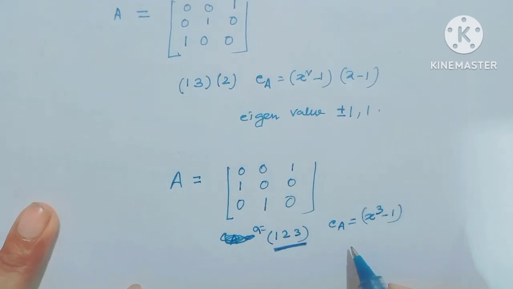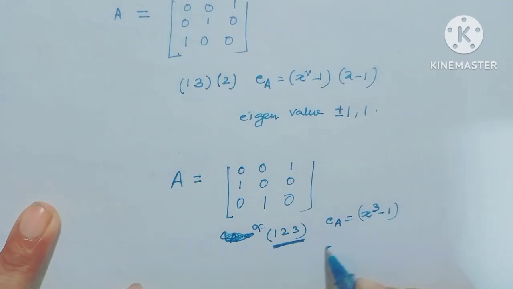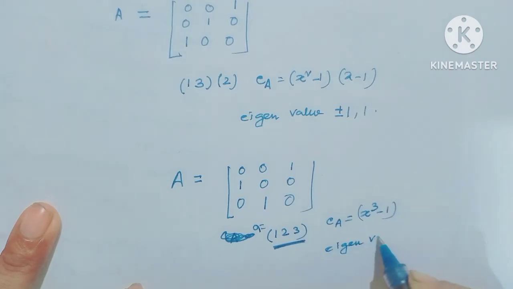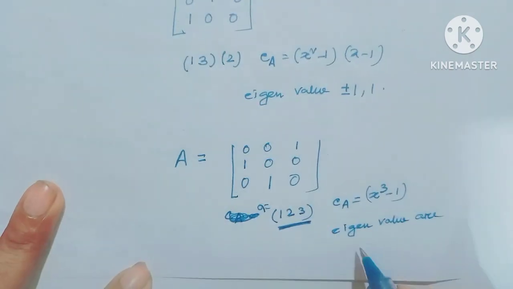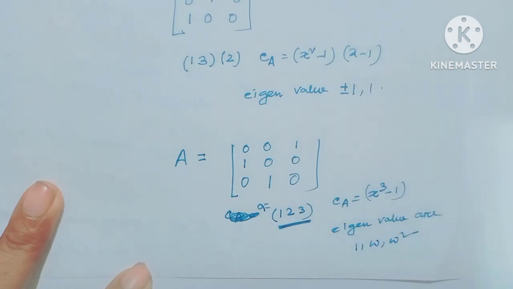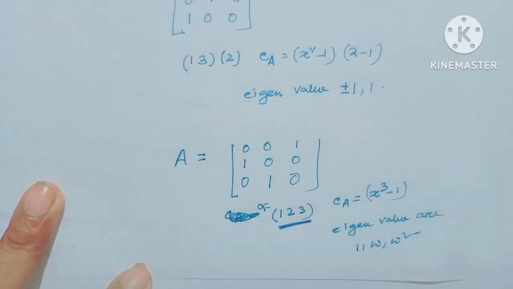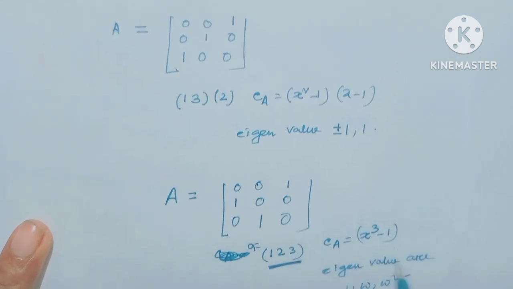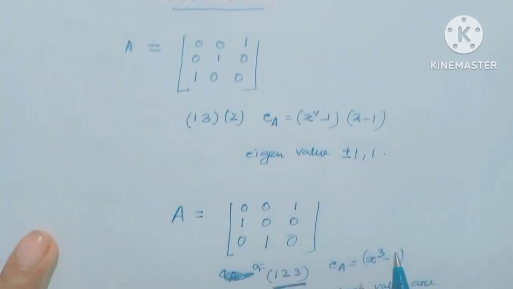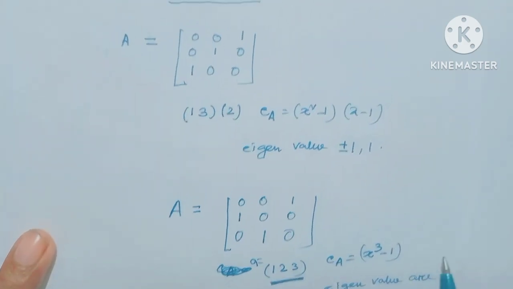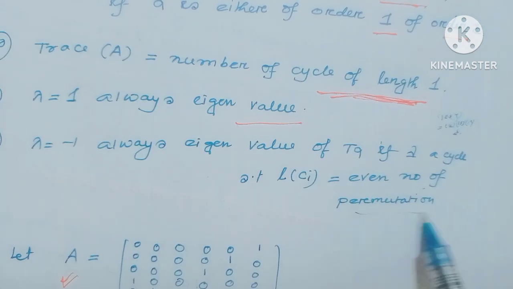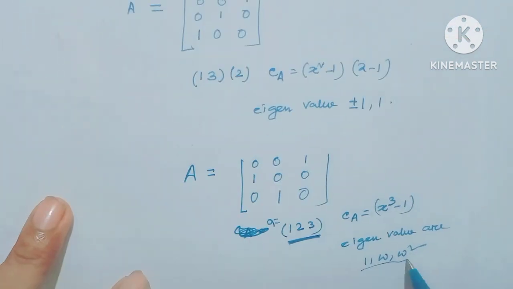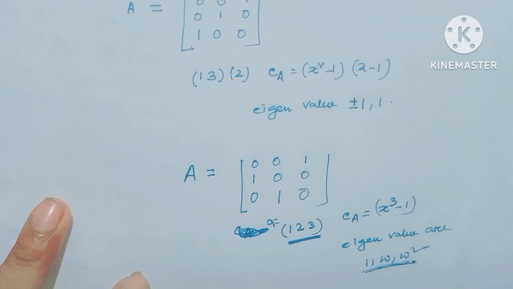That means the roots, that means eigenvalues, are 1, omega, omega square. This is the root of the characteristic polynomial. I hope all my viewers have understood why properties are important. 1 is always a root of a permutation matrix, but minus 1 is a root only when there is an even length cycle. And notice here the roots are third roots of unity.